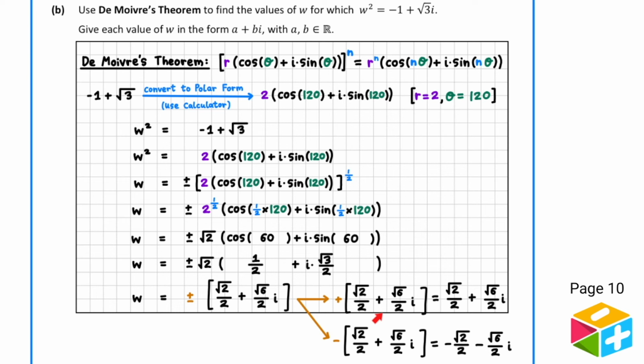In the first case, we simply end up with root 2 over 2 plus root 6 over 2i. In the second case, we'll get minus root 2 over 2 minus root 6 over 2i. So these are the two solutions for W.